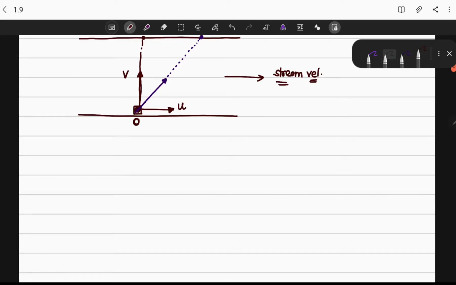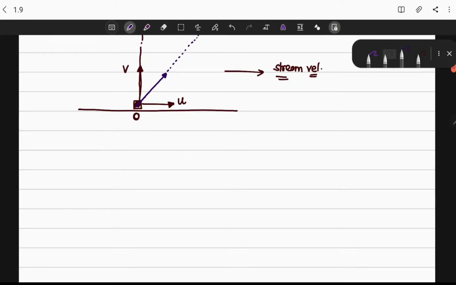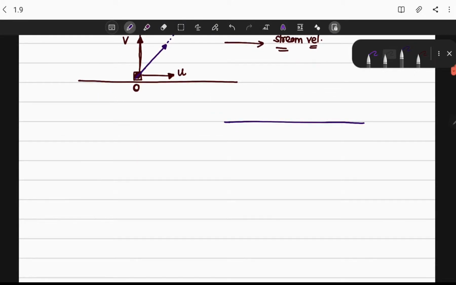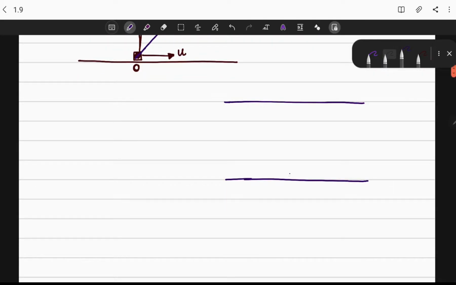Now the driver of the ship is asking me to find the angle at which it should move so that the drift can be minimized. So you are moving with some velocity v in this direction at an angle theta with the velocity u of the stream, and then it starts moving in this direction.